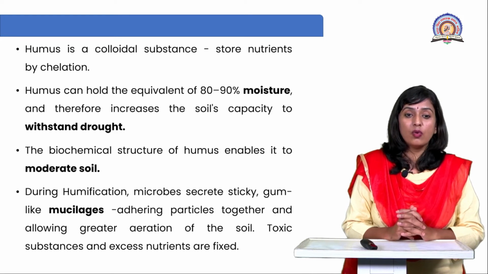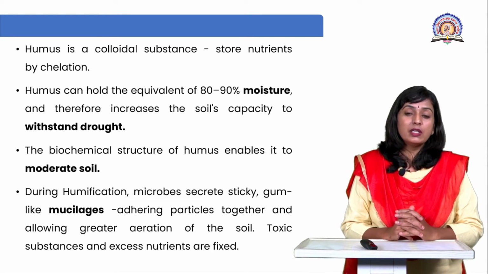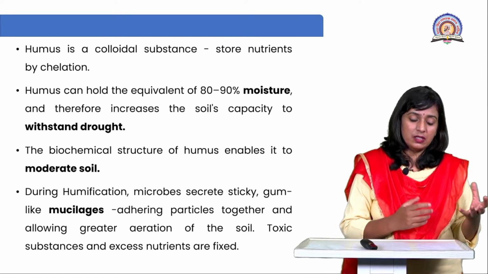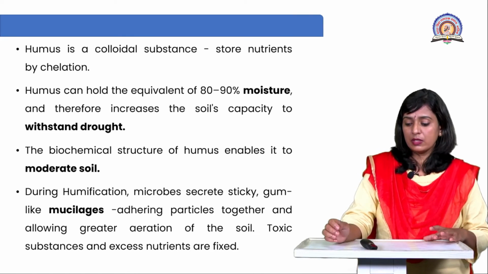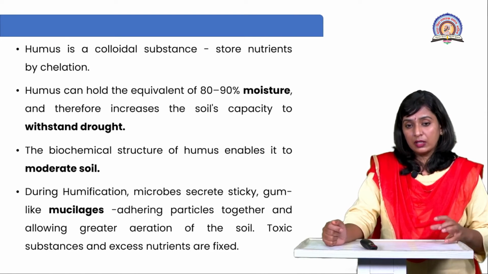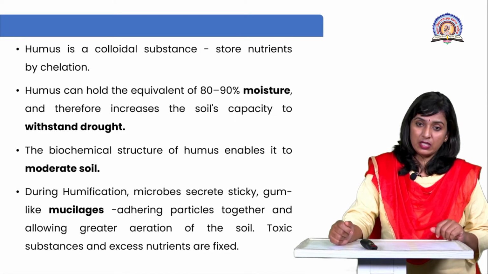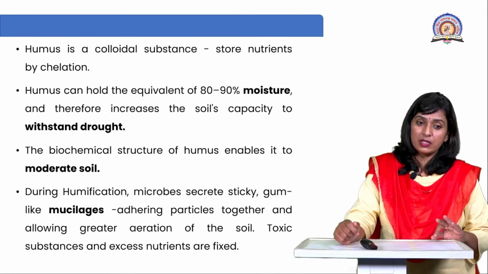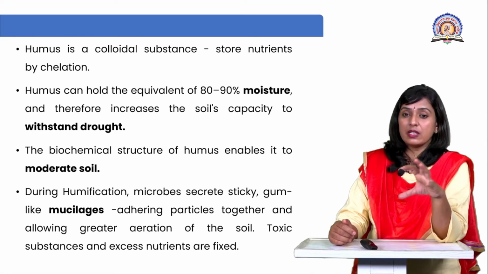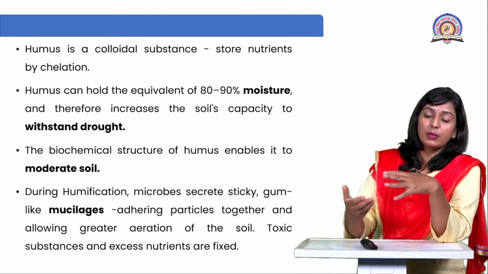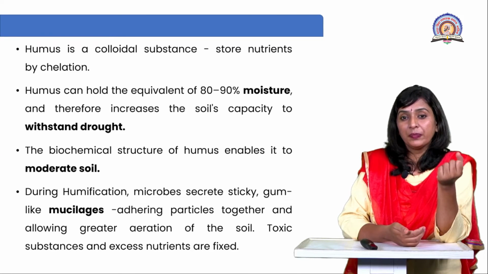Even humus can hold the equivalent of 80 to 90% moisture. So humus has a capacity when it is a dry bed of humus, or you can say when the humus was studied for its water content or moisture content, near about 80 to 90% of moisture is present in the humus. सो जर आता इतक्या चांगल्या प्रमाणामध्ये त्याच्यामध्ये मॉइश्चर असेल आणि असं ह्युमस जर आपण सॉइलमध्ये यूज केलं, that will definitely improve the soil quality, right?